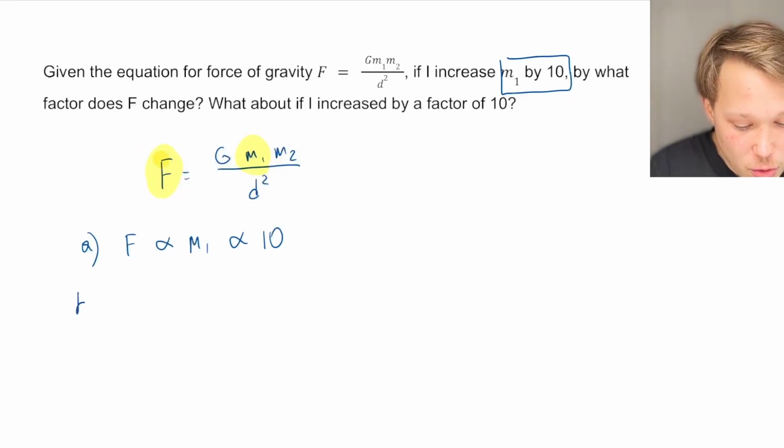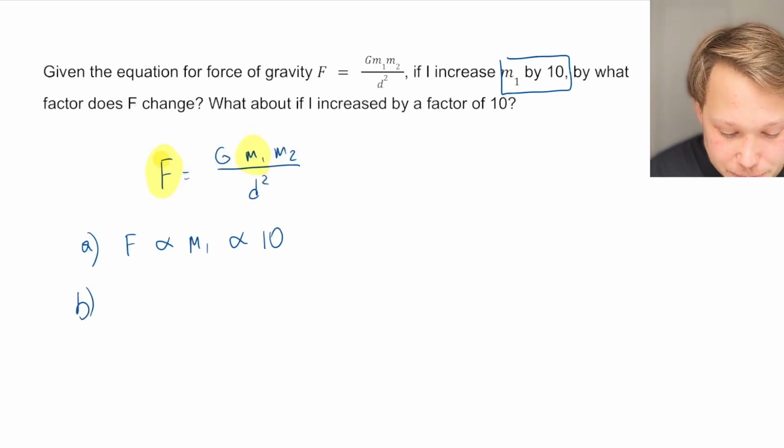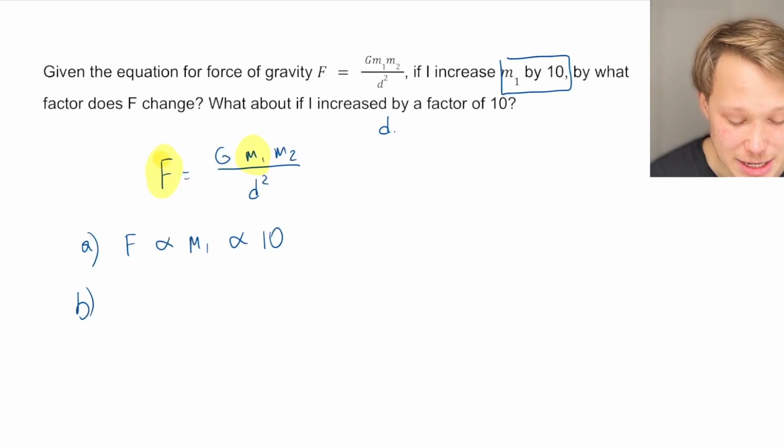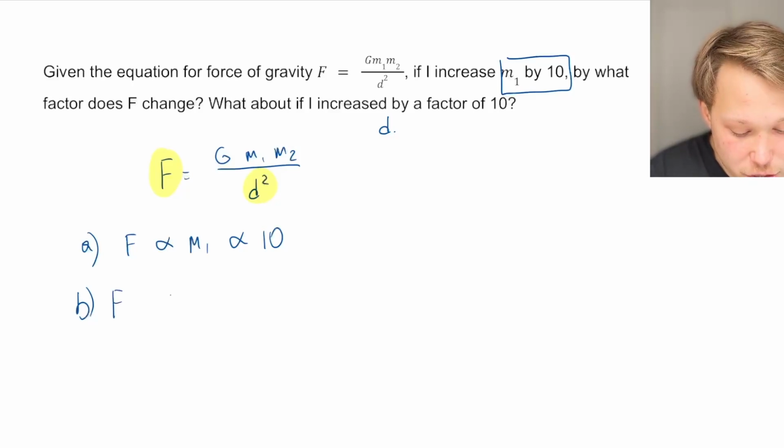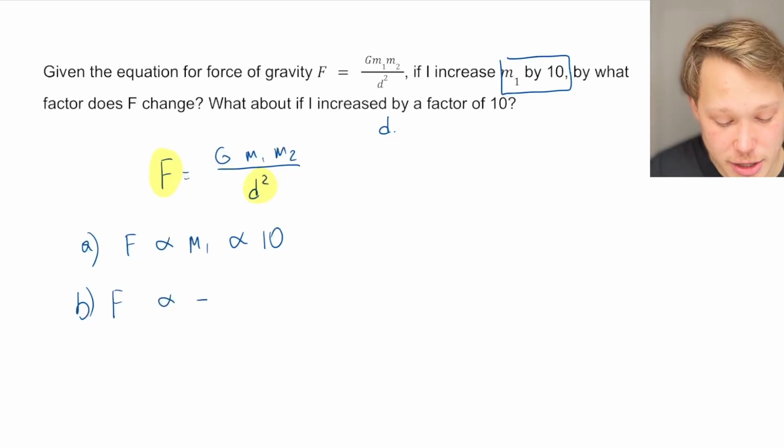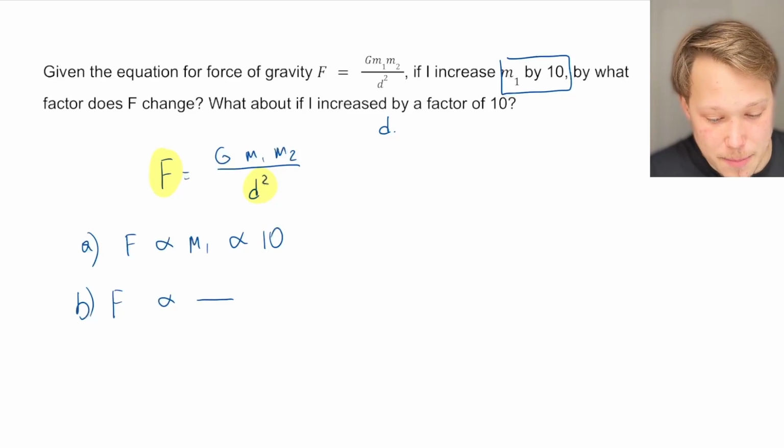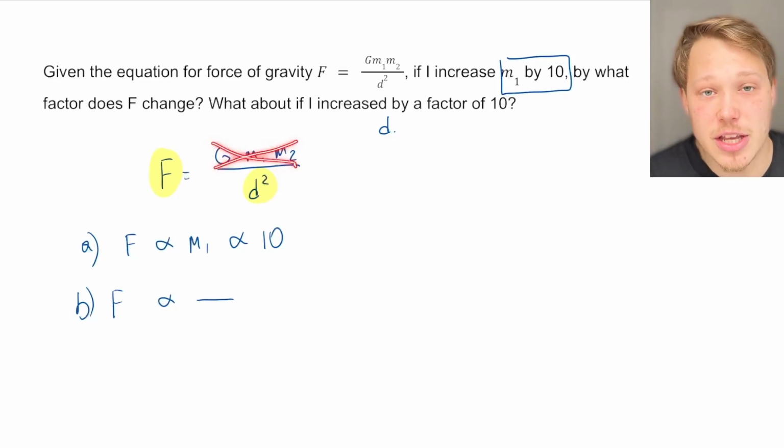Now, in the second question, what I meant to say here is, if I increase d by a factor of 10. So if I increase the distance, now everything stays the same except distance. So I can rewrite this equation as proportionality, basically taking these variables out.